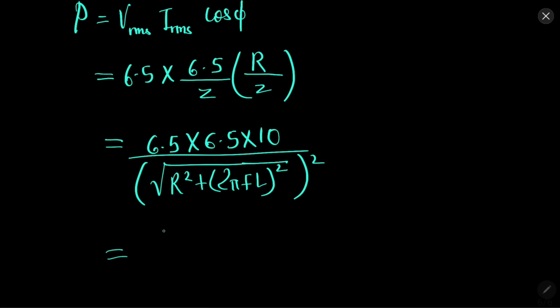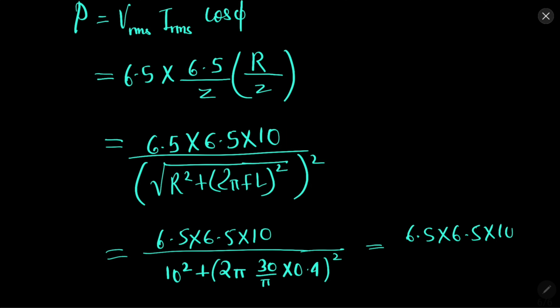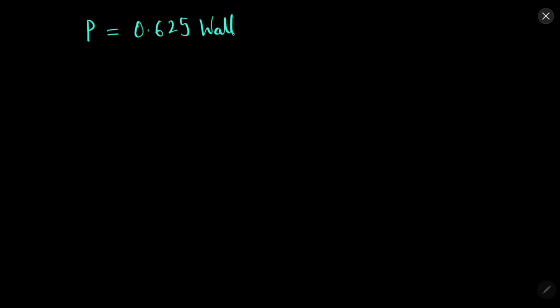So ultimately 6.5 into 6.5 into 10 over R square, this is 10 square plus 2 pi, F is 30 over pi, L is 0.4 whole square. After simplification, 6.5 into 6.5 into 10 over 100 plus 576. So from here power will be equal to 0.625 watt. So this will be our power. It can also be written as 5 by 8 watt.